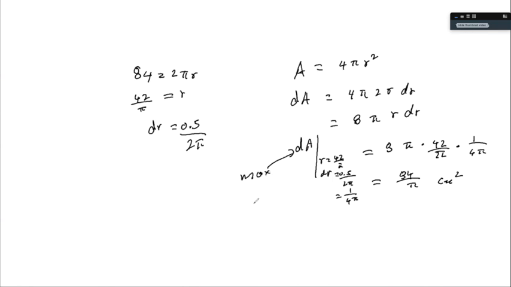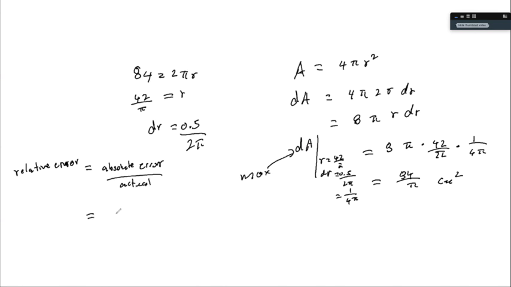And what is a relative error? If you take biology or any lab, if you do the experiments, you know that relative error is basically talking about what? Absolute error divided by what? The actual value. Okay.